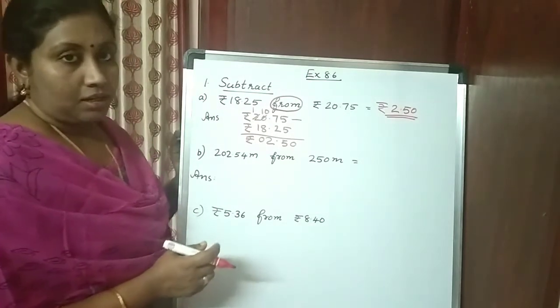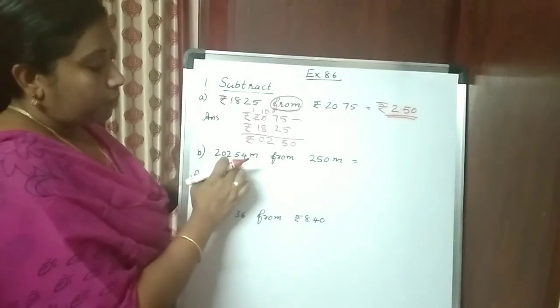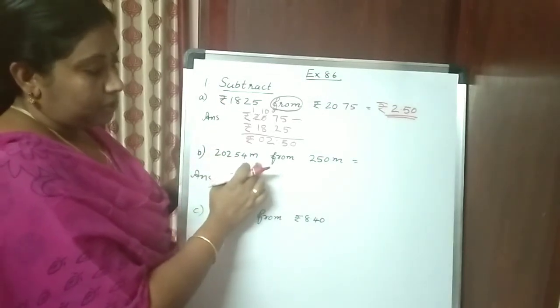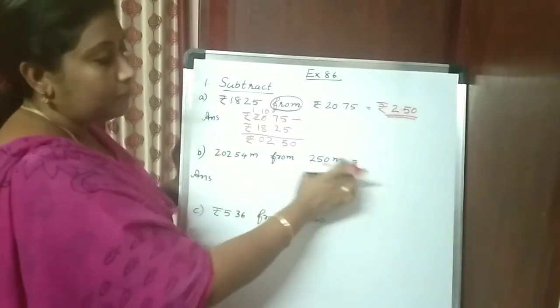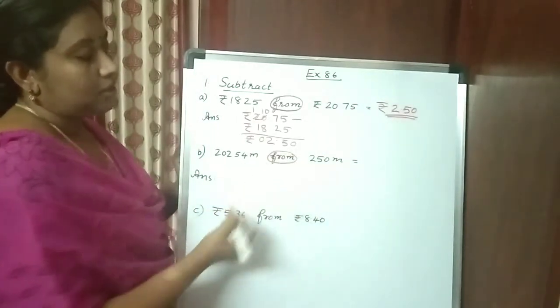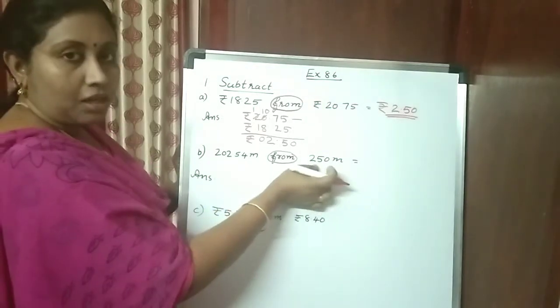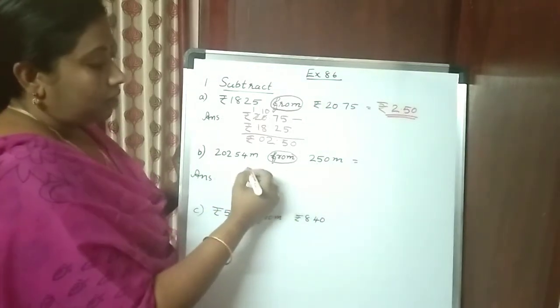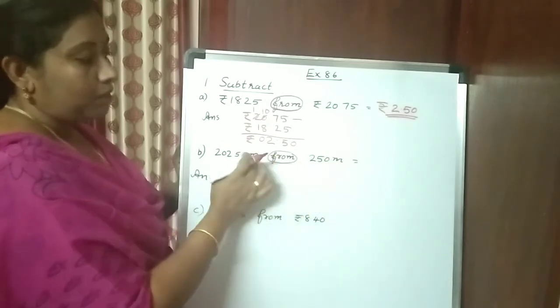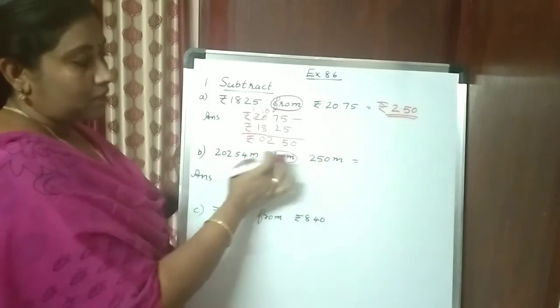All of you understand? Then which is your second question? 202.54 meter from 250 meter. Okay, here also this word is here, that is from. In that case, you first write this number. First you check that the given numbers have the same unit.